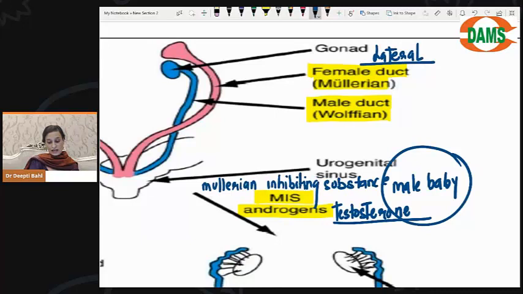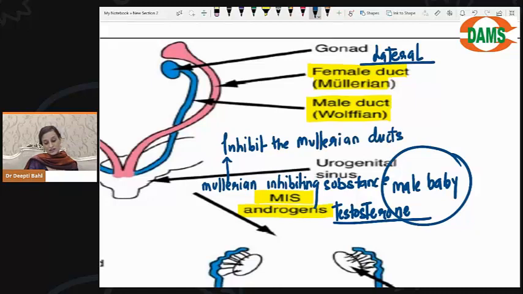Very easy, the expansion itself tells you what it is going to do. Mullerian inhibiting substance, once released, is going to inhibit the Mullerian ducts. As simple as that. So it is going to inhibit the Mullerian ducts.